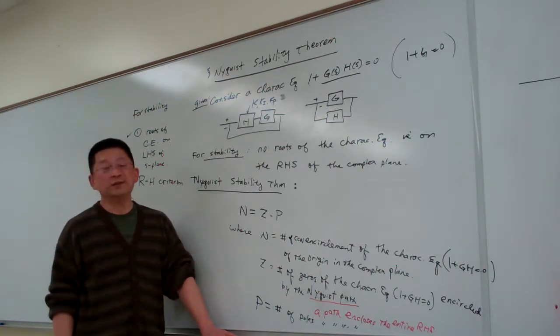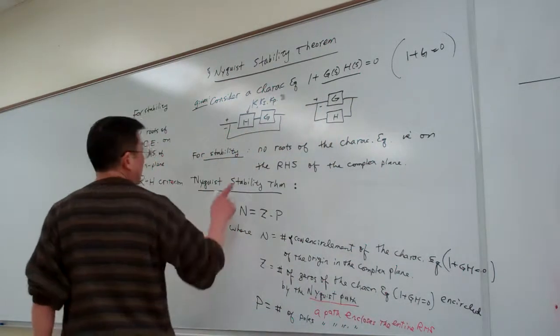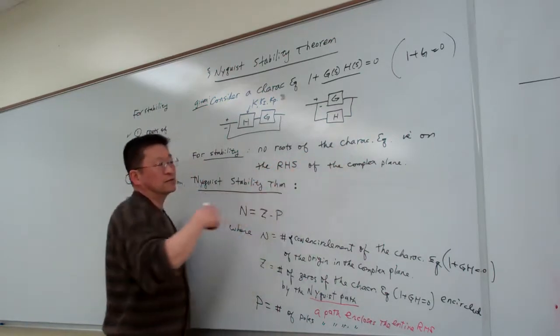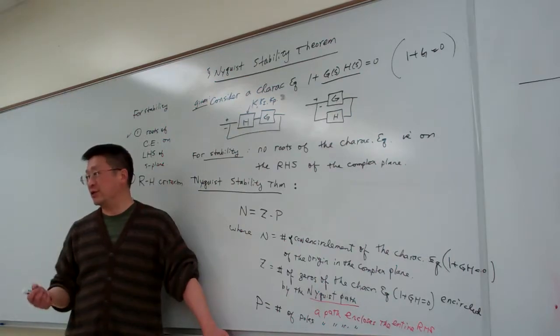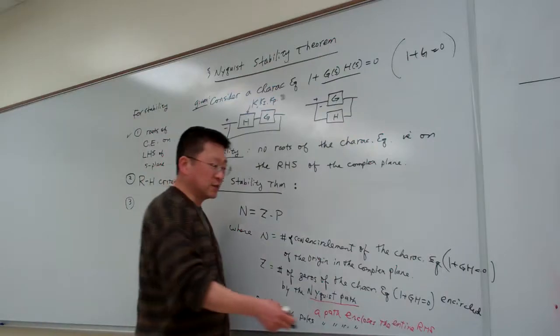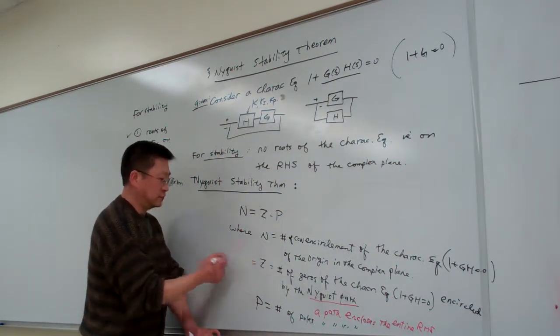For stability, we are asking for no roots of the characteristic equation. So what is the root of the characteristic equation? Basically that is the zeros of the characteristic equation, right? So for stability, we are asking Z equal to how much?